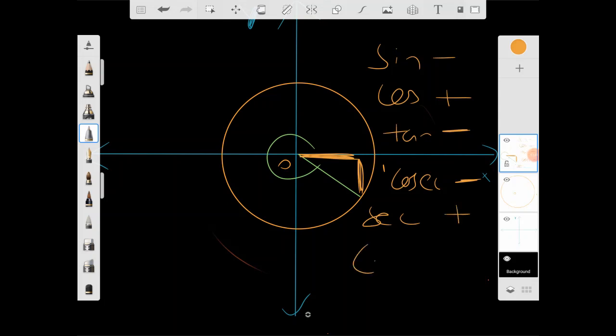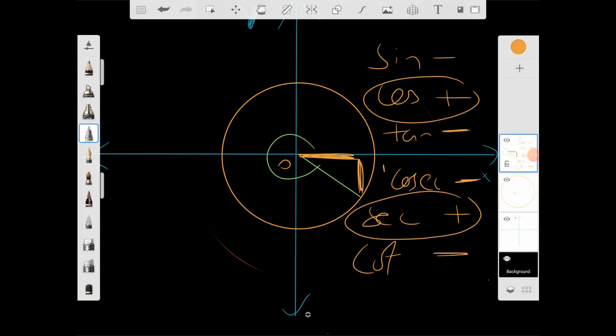What about cot? Cot is 1 by tan, that is 1 by negative, and it is negative. So in the fourth quadrant, only my cos and sec are positive. Except for cos and sec, every other trigonometric ratio is negative.